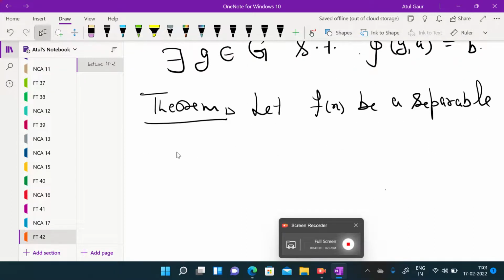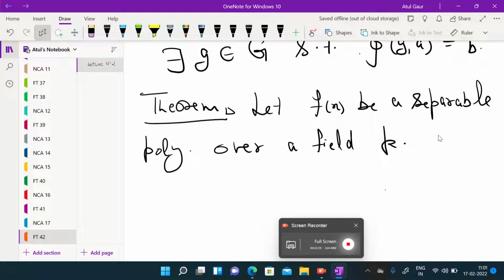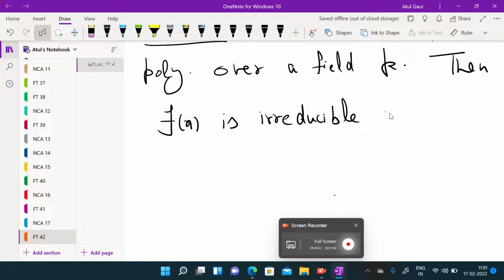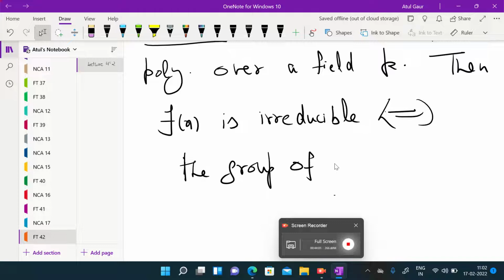Let f(x) be a separable polynomial over a field K. Then this polynomial is irreducible if and only if the group of f, so when I'm saying group of f, I mean Galois group, the group of f(x) acts transitively on the roots.